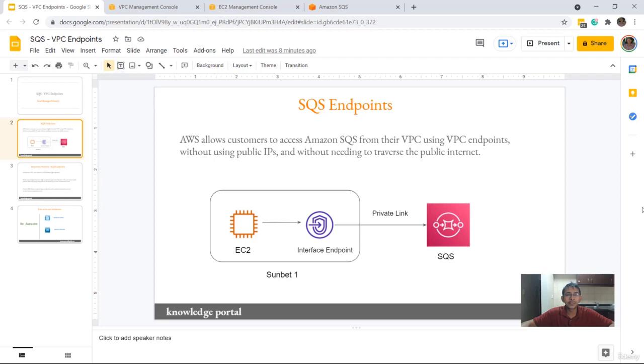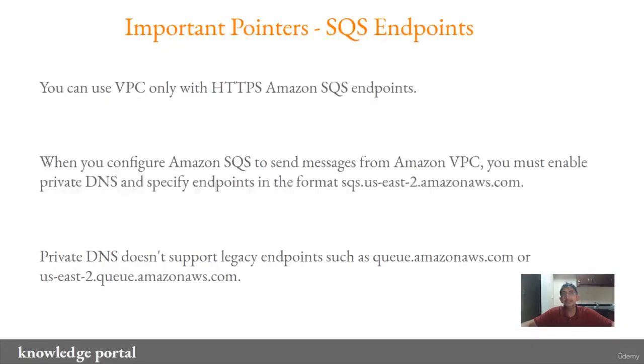Great. So now let's quickly discuss some of the important pointers related to the interface endpoint for SQS. The first pointer is that you can use VPC only with the HTTPS SQS endpoint. This is one thing that needs to be noted. Second, when you configure SQS to send messages from VPC, you must enable private DNS and specify the endpoint in the format of sqs.region.amazonaws.com.